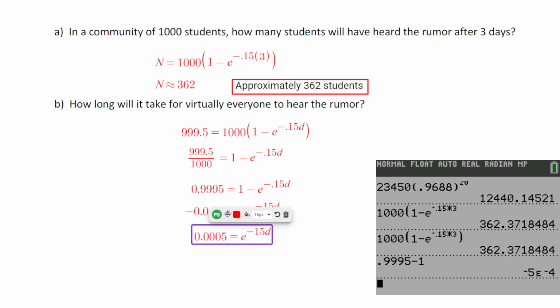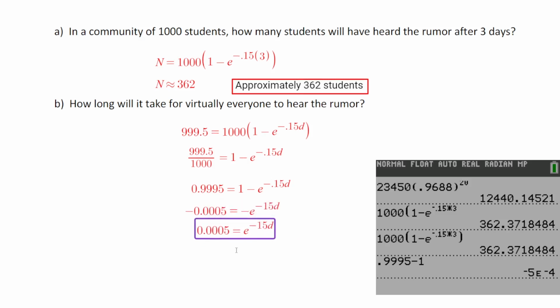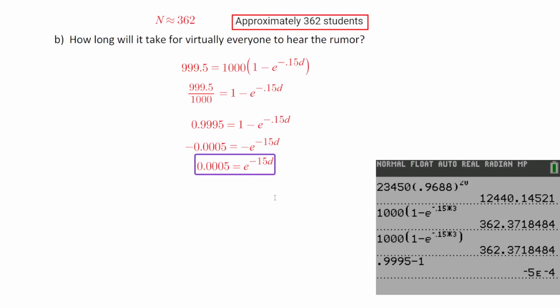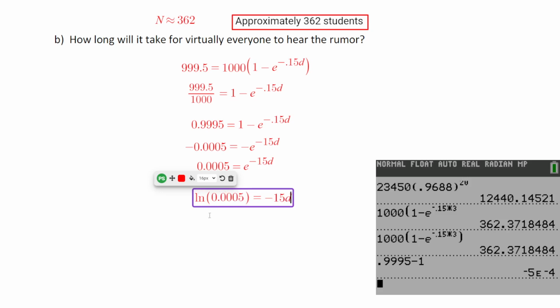Okay, now we're ready to use the inverse property to rewrite this equation as a logarithm. So we've got the log base e, which is the natural log of 0.0005, oh, almost missed a 0 there, equals negative 0.15d.